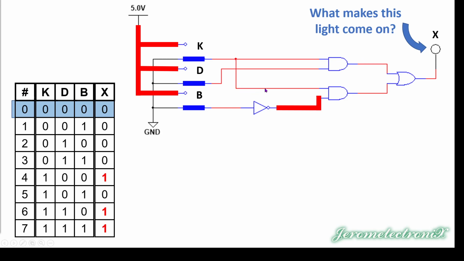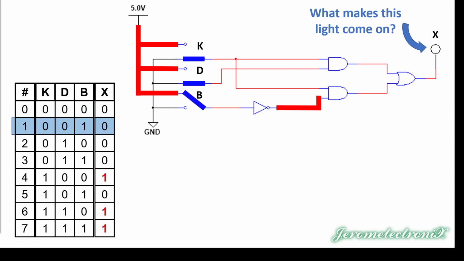And down here, K is also a 0, and it's being multiplied by B, which is a 1. 0 times 1, the result of that is a 0. So 0 plus 0 is 0, and that's our result. The light is off, just as it is shown in the truth table.